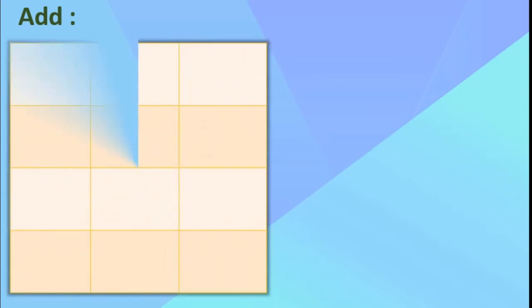Okay students, today we will learn to add 2 and 3 digit numbers without carrying over. First, here we will add 2 numbers. This is unit place, tens place, hundreds place.